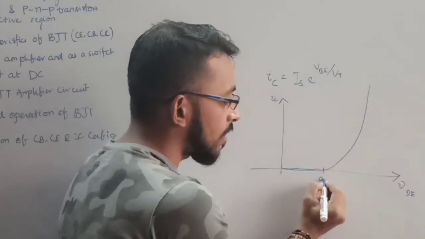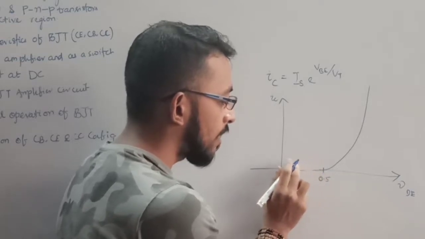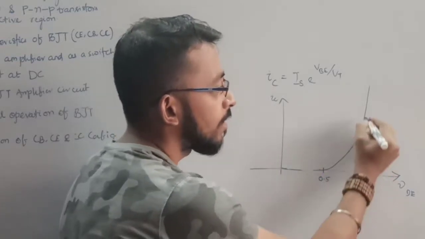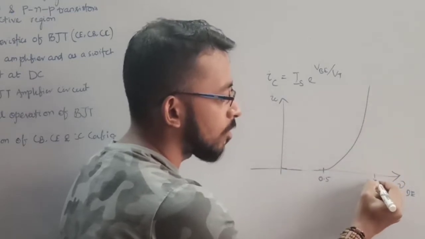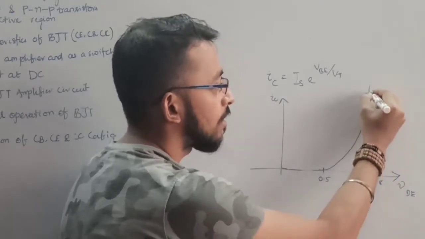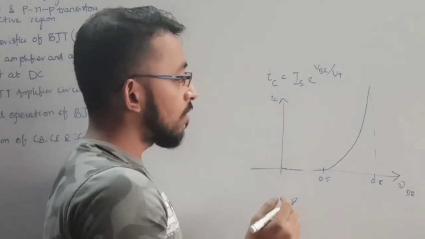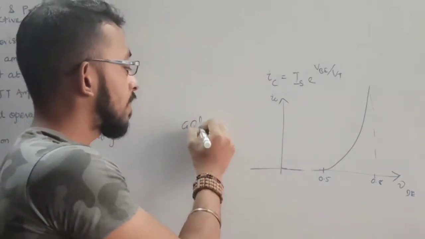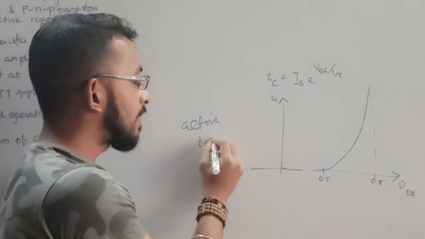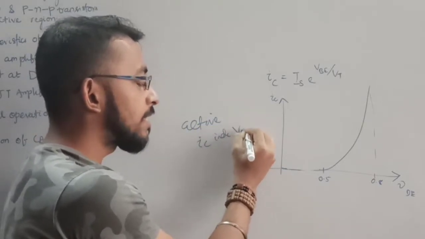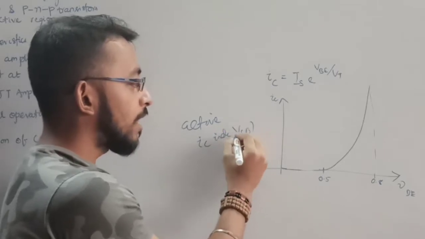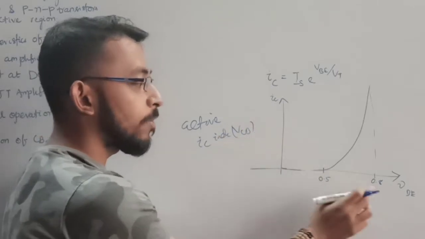This value is 0.5, and this value is around 0.8. We know that in the active region, our IC is independent of VCB. We learned before that it doesn't depend upon VCB, but it depends upon VBE.